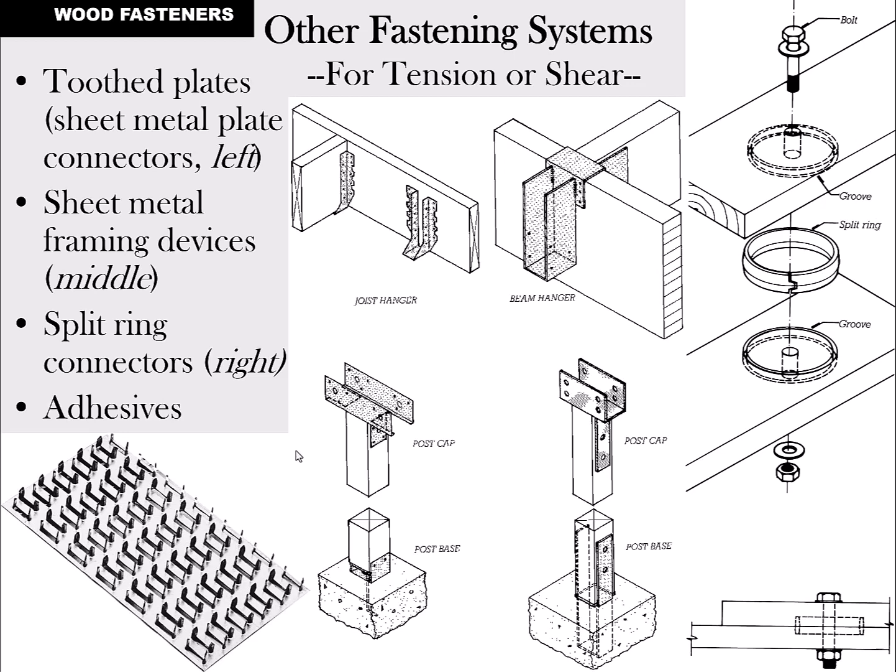And then the one I wanted to show you in detail is the one at the very right-hand side of this page, where you've got a nut and bolt affair that you're bolting two pieces of wood together. But besides that, they've augured out on one board and on the other side of the other board a cavity for a split ring.